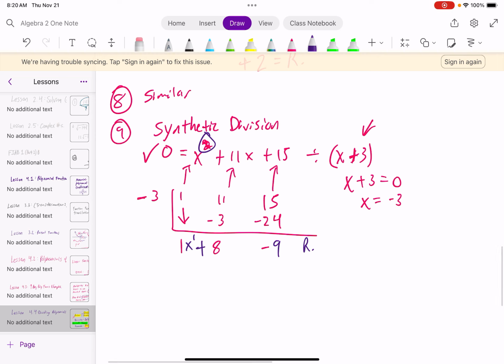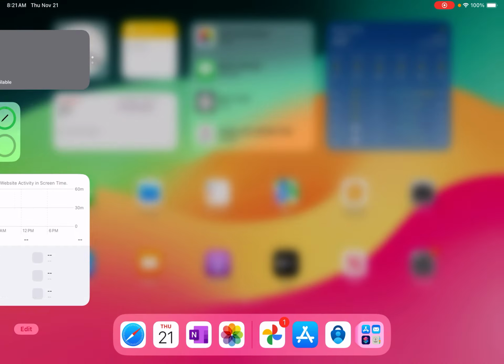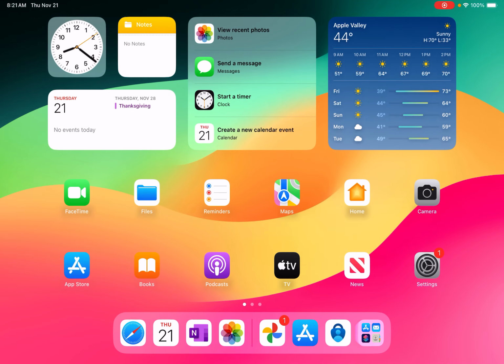Sorry. Negative 9. From 15 to 24 is 9. Just goofed up right there. Anyways, your answer will be x plus 8 minus 9 over what you're dividing by. What are you dividing by? X plus 3. All right, that is the answer.